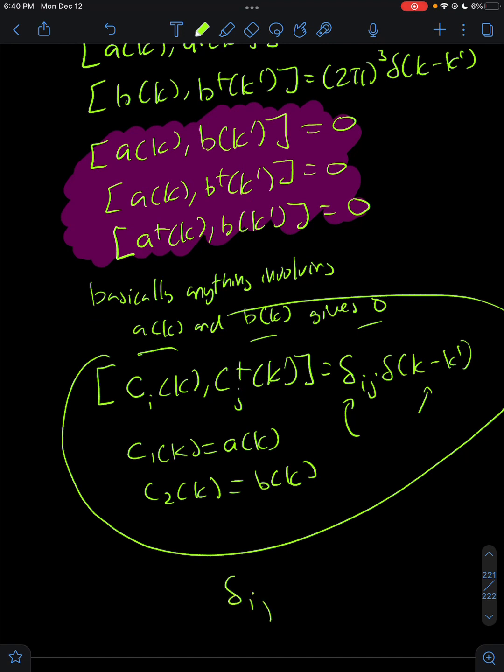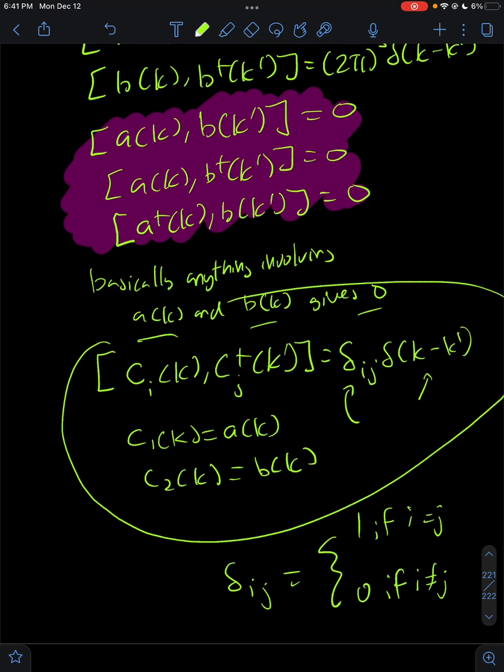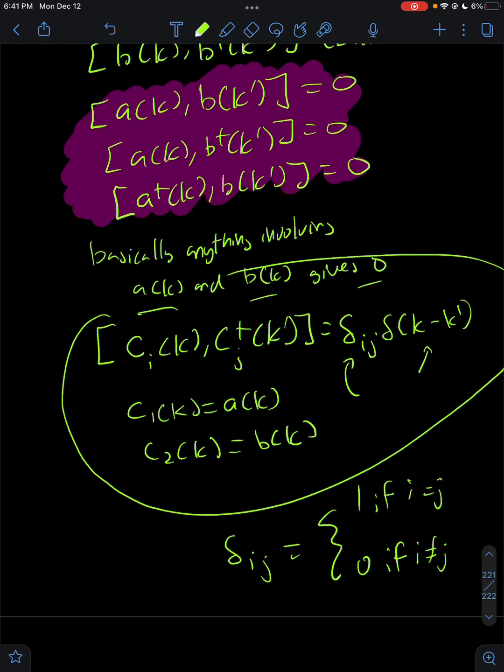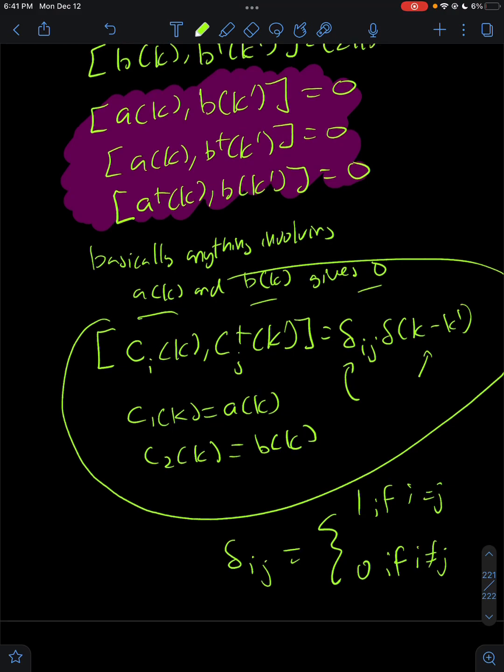Recall that the Kronecker delta is just 1 if i equals j, and 0 if i is not equal to j. It's just a notation that I'm using to make these statements a bit more compact, where C1 of k is defined as a of k, and then something similar for C2.